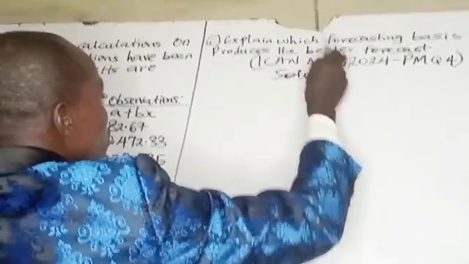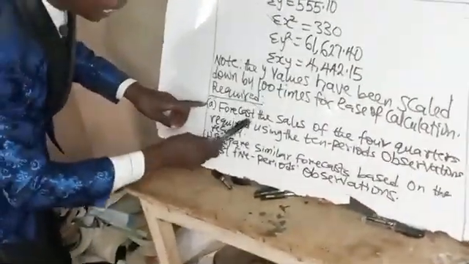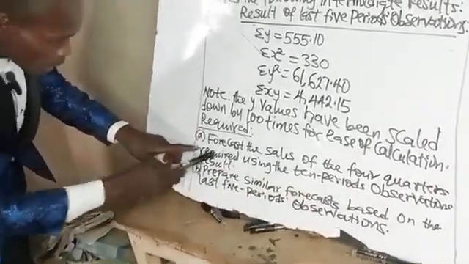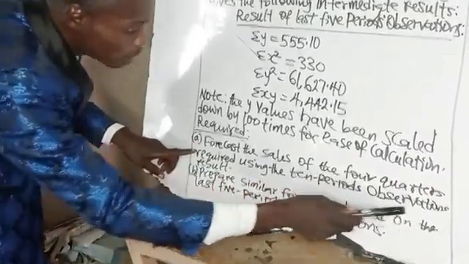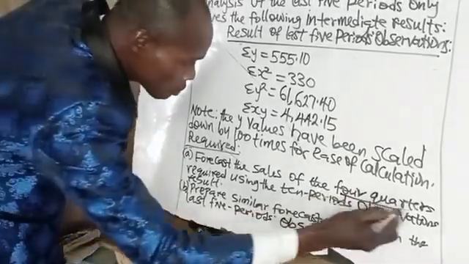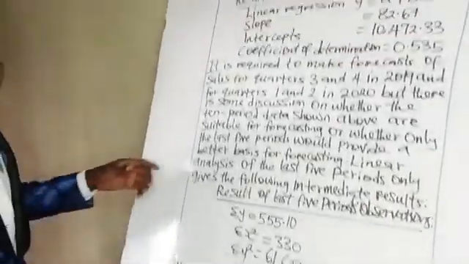Solution. Back to the requirements, A: you are to forecast the sales of the 4 quarters required using the 10-period observation result. What are the 4 quarters required?